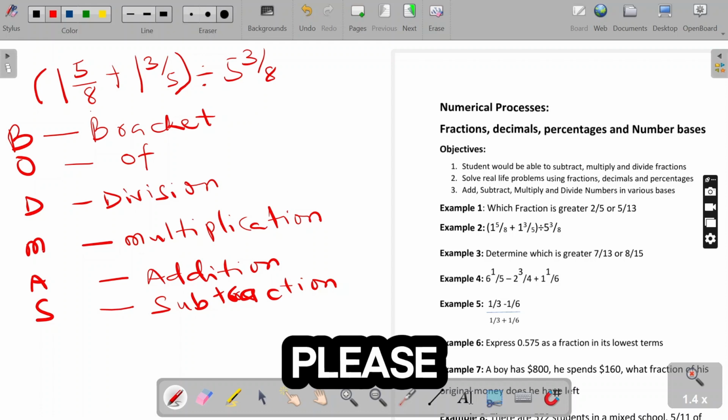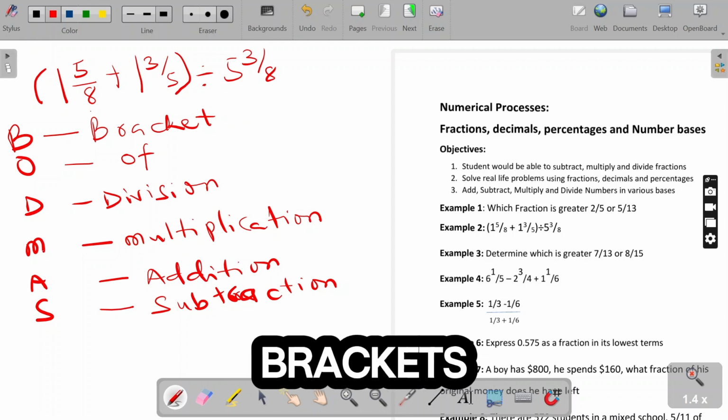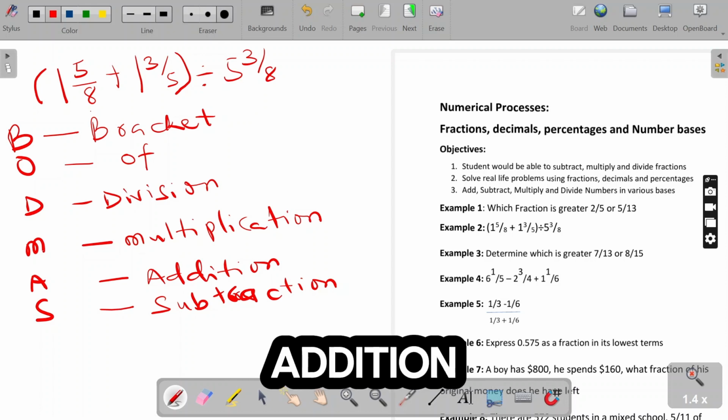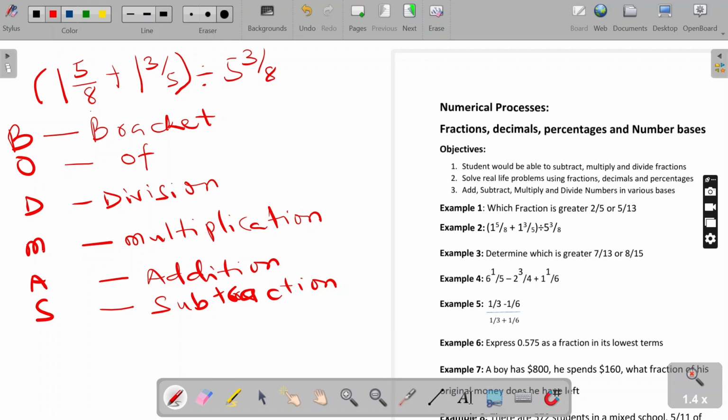So that is what BODMAS is all about. B stands for bracket, O stands for of, D stands for division, M stands for multiplication, A for addition, and S for subtraction. Like I said, in programming we have PEMDAS. It's just the same thing, a change of connotation as it were.